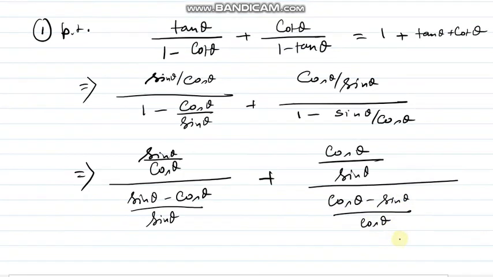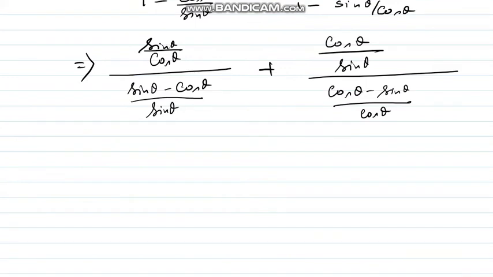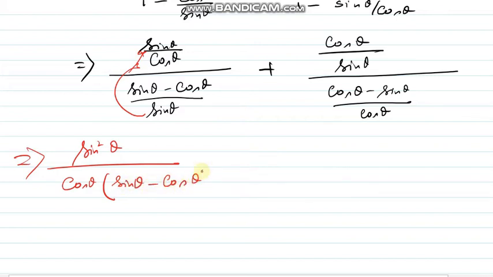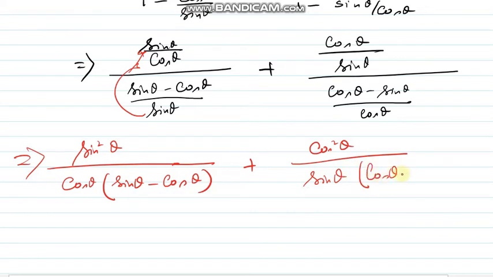So if we just adjust these mixed fractions, now this sin theta will go up, so it will be sin square theta divided by cos theta into sin theta minus cos theta, plus cos square theta divided by sin theta into cos theta minus sin theta.